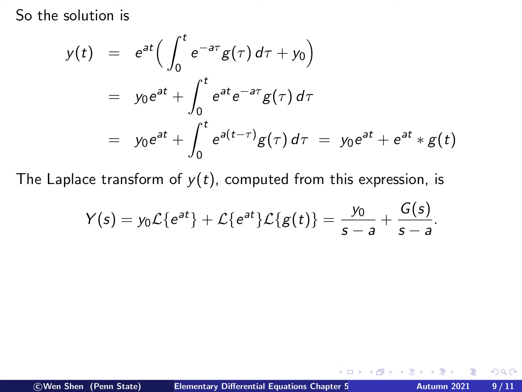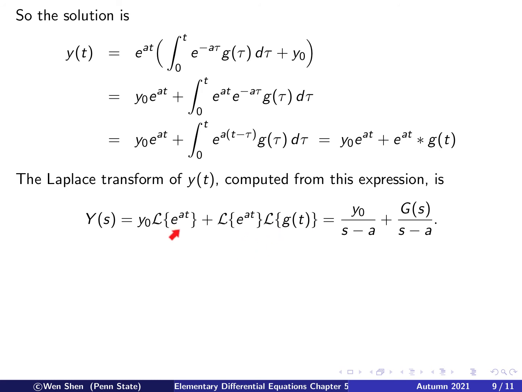An interesting observation is that let's now take the Laplace transform of y of t using this expression. The transform of the first term, take y naught as a constant outside, and then we do the Laplace transform of this convolution, which is the Laplace transform of each term multiplied, according to the convolution theorem.